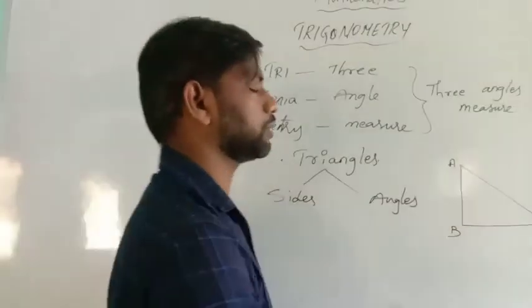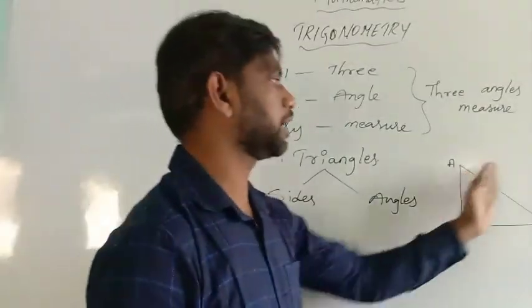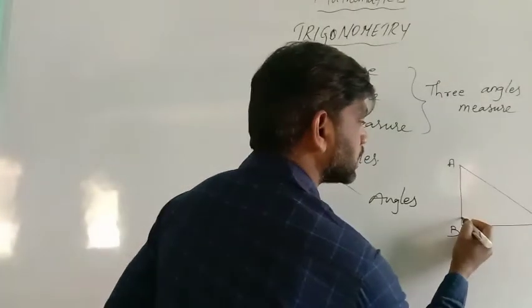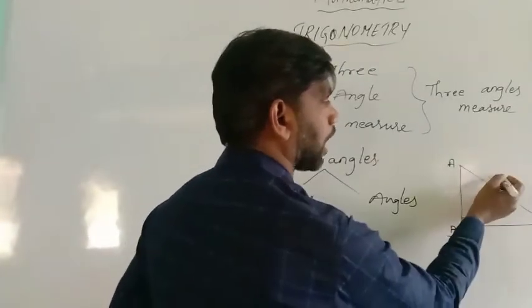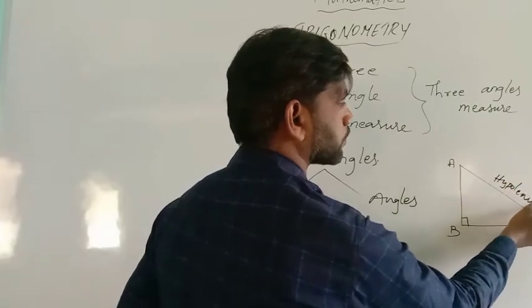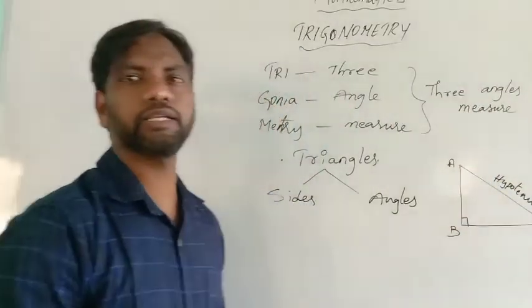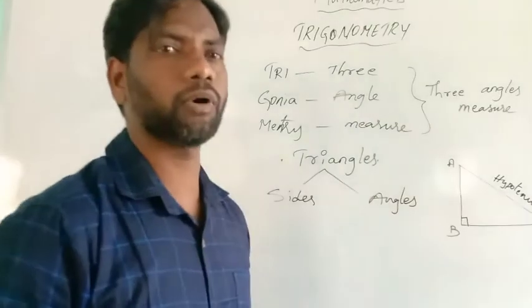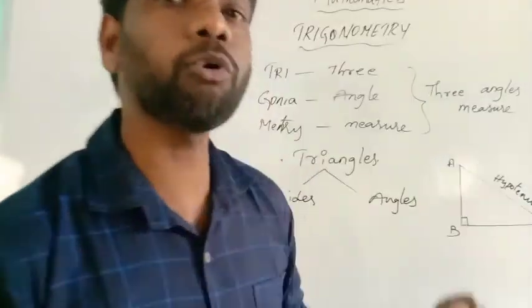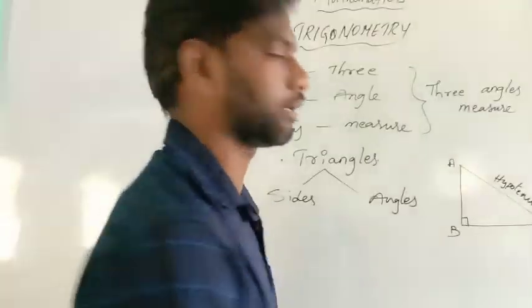Based on the right angle only we can identify the sides of the right triangle. The side opposite the 90 degrees is called the hypotenuse.